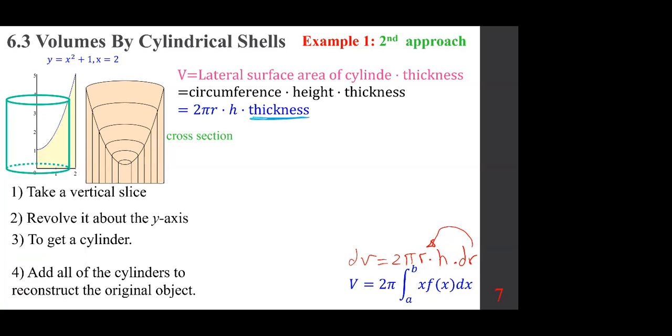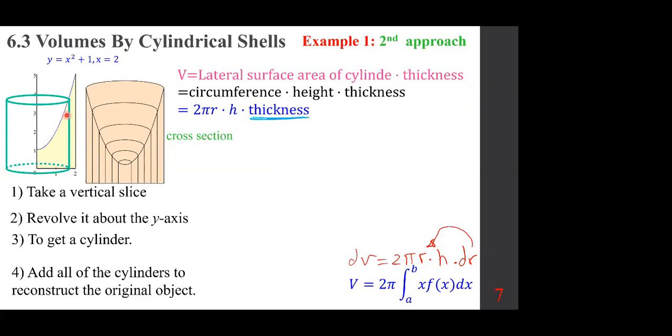It depends really on r. R becomes either a function of x or a function of y. If r becomes a function of x, then this becomes dx. If r becomes a function of y, this becomes dy. Okay, so let's see if we can figure this out. You're looking at this typical cylindrical shape, okay? So we're going to stick with that, 2 pi r h. We are going around the y-axis. So I hope you see that.